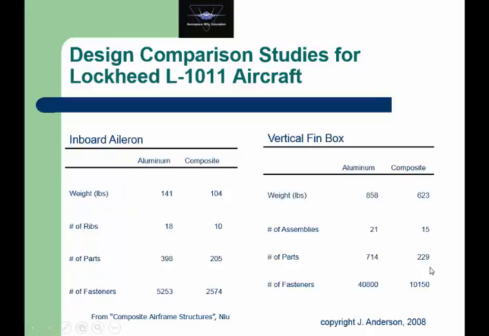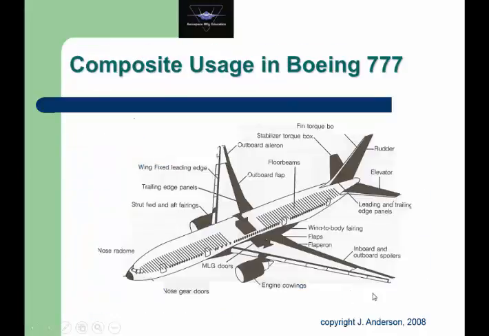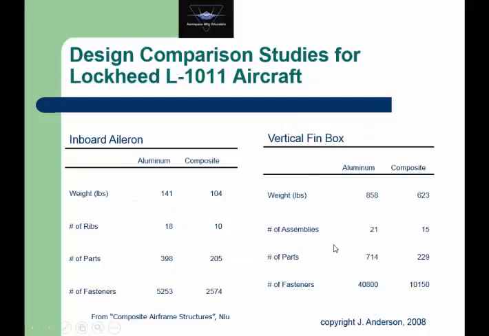That's pretty good savings. The fasteners went from a little over 40,000, almost 41,000 actually, down to close to 10,000. So you have 25% of the fasteners. So this offers a tremendous savings. And if you're going to do one or the other, you of course pick the low-hanging fruit. This is going to give you the biggest bang for your buck.